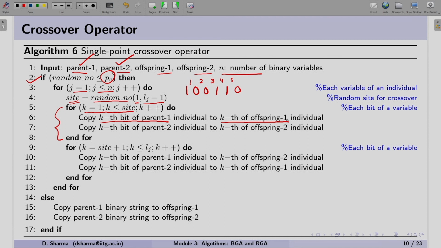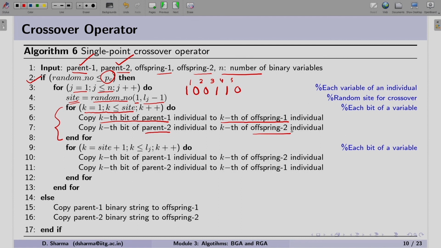This means that we are copying the head of the string, or the left part from the site, exactly from parent 1 to offspring 1. Similarly, parent 2 to offspring 2. So we have copied the head part.